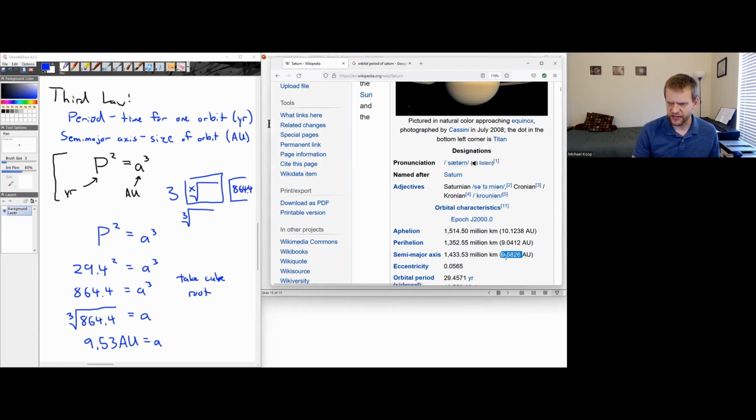The actual one is 9.58. We got 9.53. Again, the exact time for the orbital period was a little bit low. I did 29.4 instead of 29.4571. So again, it slightly underestimated, but we got something that was in the right ballpark.